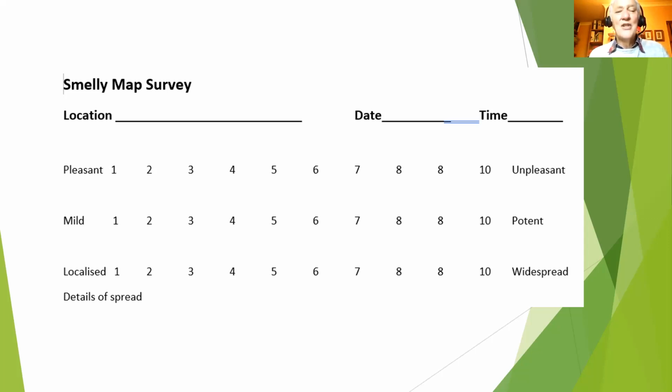But the point is, you develop your own smelly maps. You develop your way of recording it. You make it relevant to your study. Now, you can do that as primary data today or tomorrow, or whenever you go out and do your fieldwork.